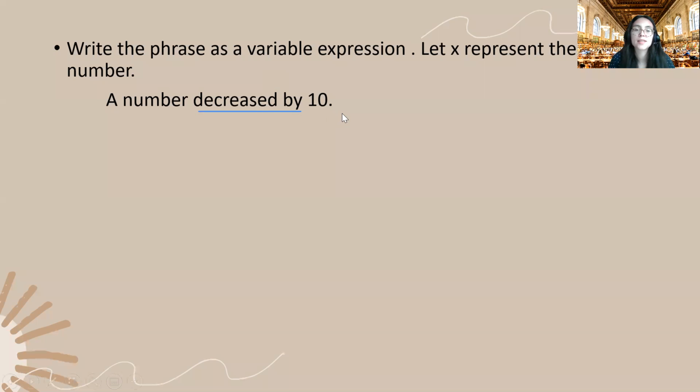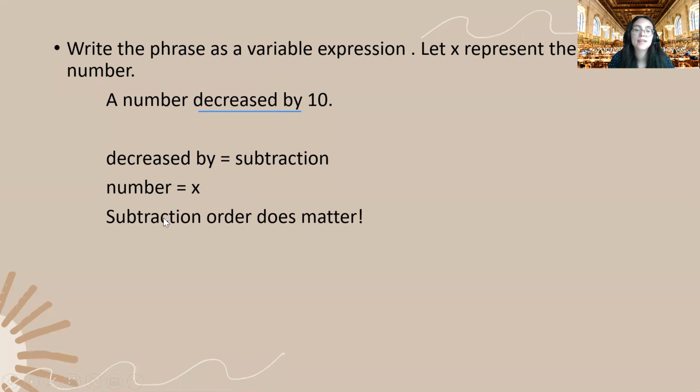So let's break it down. Decreased by tells me that I'm dealing with subtraction. Number, we're told that this is going to be represented by x, a variable, and subtraction order does matter, okay? So our answer will be x minus 10, okay?